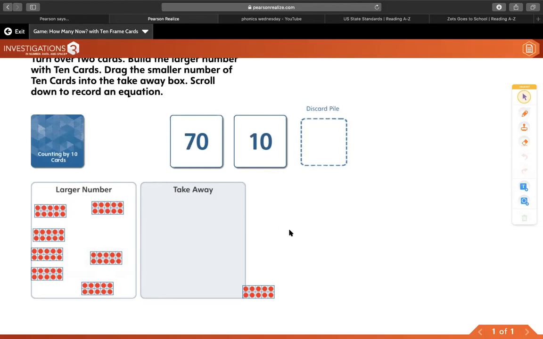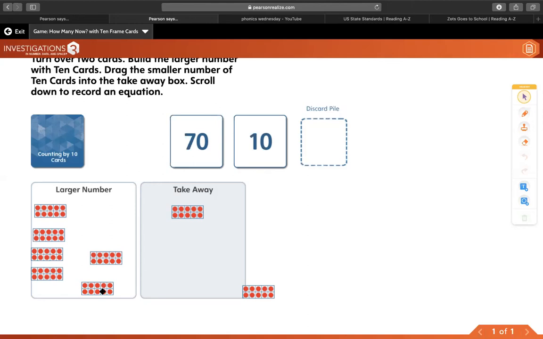So now I need to take away 10 dots or 1 10 frame. We know that each of these 10 frames has 10 dots. So taking away 10 dots or 1 10 frame, how many am I left with? 10, 20, 30, 40, 50, 60.